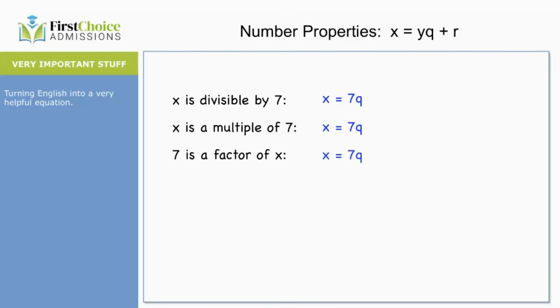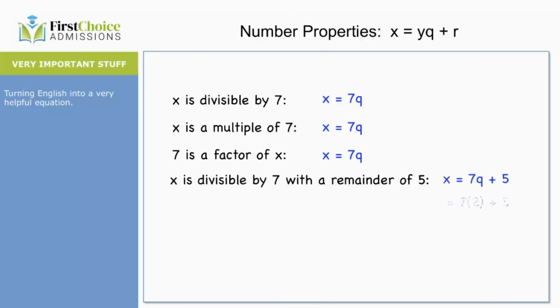Yep, x equals 7q. Now, the reason this is helpful is because when you start to talk about remainders, x is divisible by 7 with a remainder of 5 in math, that turns into x equals 7q plus 5. For example, let's say q was 2. That would make x 19.